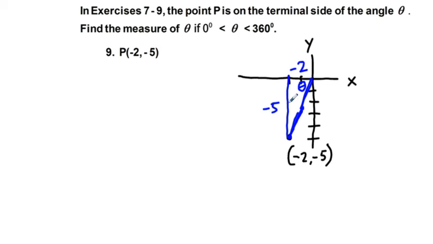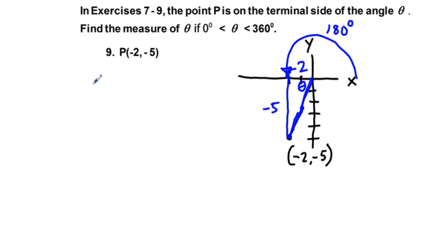We are going to find an angle. Now it's going to be inverse tangent of -5 over -2, but then to that, we are going to have to add another what? We're going to have to add another 180 degrees. Because 180 degrees takes us from here in the x-axis all the way around 180 degrees to the other side. 180 degrees is the number of degrees in a line.